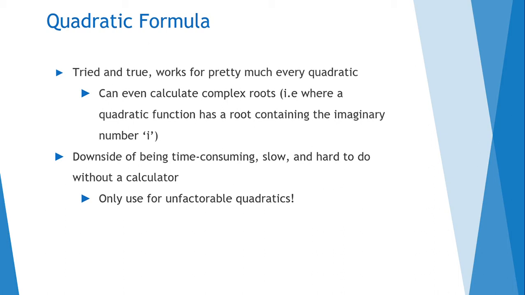And if we don't have a calculator, it's going to be really hard to calculate that square root. Therefore, I only suggest using it for unfactorable quadratics. An unfactorable quadratic is essentially a quadratic that the other algebraic method doesn't apply to. So we would use it as our last resort, tried and true method.